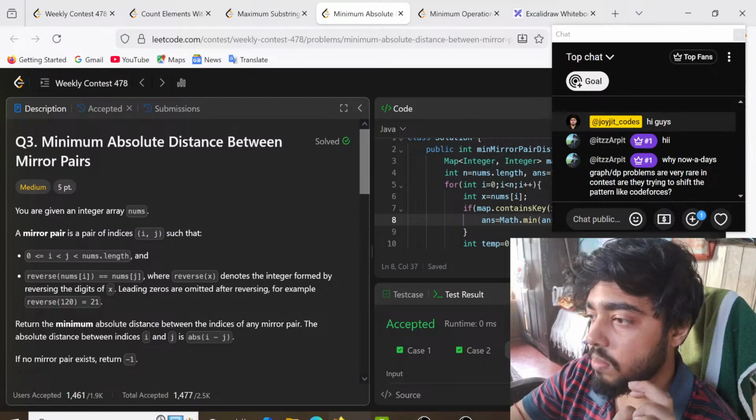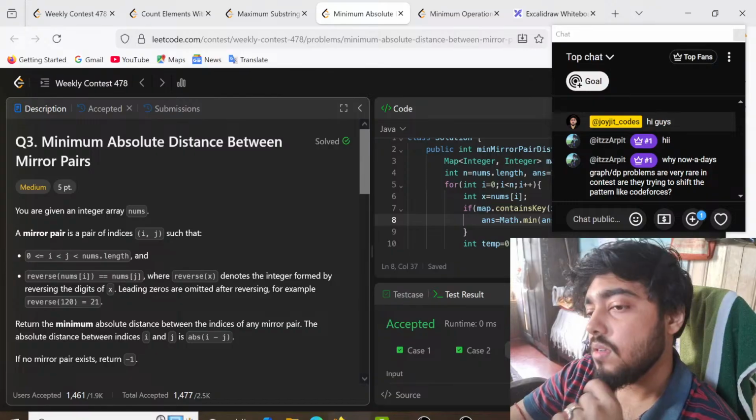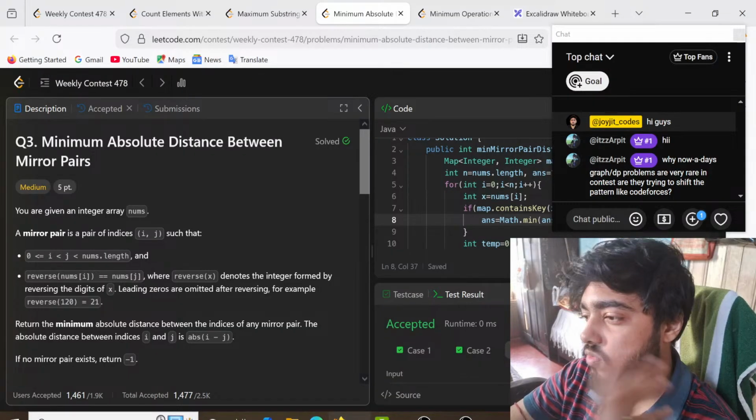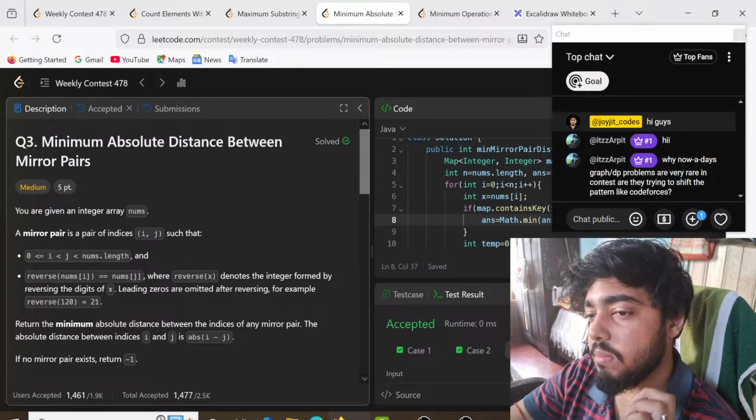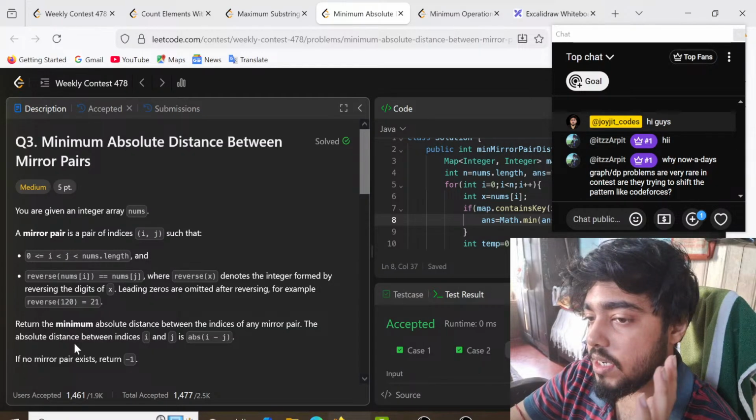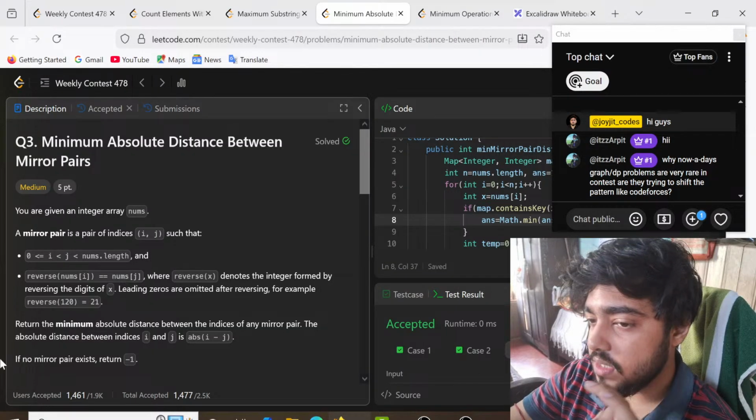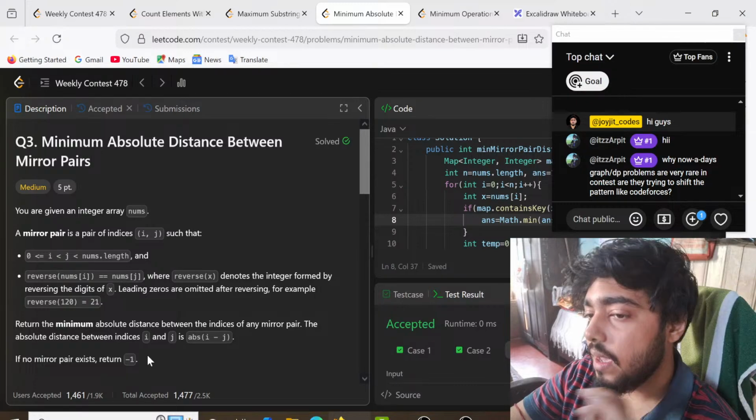Reverse of 120 should be 021, now 0 has to be removed, so 21. Return the minimum absolute distance between the indices of any mirror pair. The absolute distance between indices i and j is abs(i minus j). If no mirror pair exists, return minus 1.